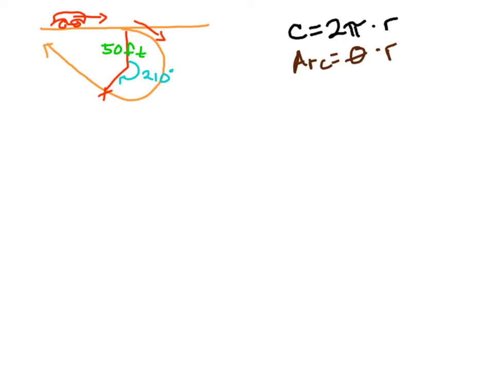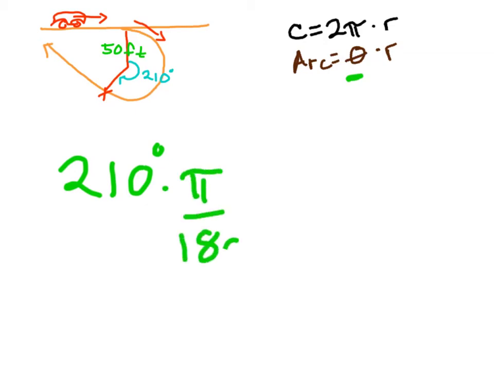So here we go. Let's work out this problem. The arc length, the length of the road required, is going to be 210 degrees. Now, I need my conversion, the conversion to make it a radian measure. That was 210 times pi over 180.